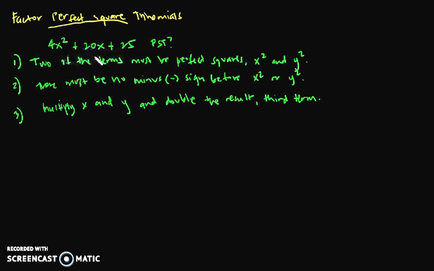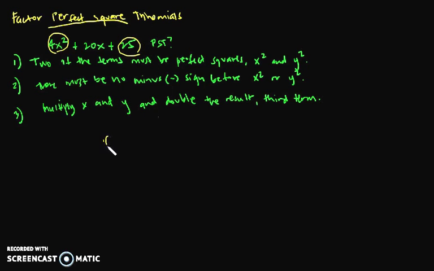So we have 4x squared plus 20x plus 25. Again, let us check whether this expression is a perfect square trinomial. So for number one, two of the terms must be perfect squares, the x squared and the y squared part. So this will be the x squared part, and this will be the last, the y squared part. Is 4x squared a perfect square?